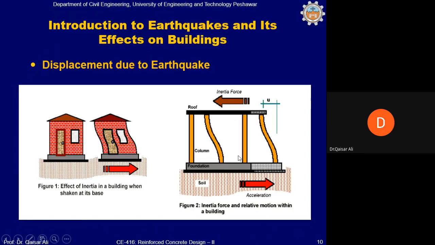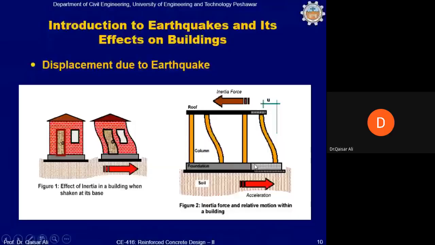So when the foundation moves by, let's say, 3 inches, and the roof moves by, let's say, 1 inch, there will be a relative displacement of 2 inches, and this relative displacement is responsible for producing stresses in the structure. If the foundation displaces by 3 inches and the roof also displaces by 3 inches, the relative displacement is zero. This will be a kind of rigid body movement, and no stress will be induced in columns or walls.